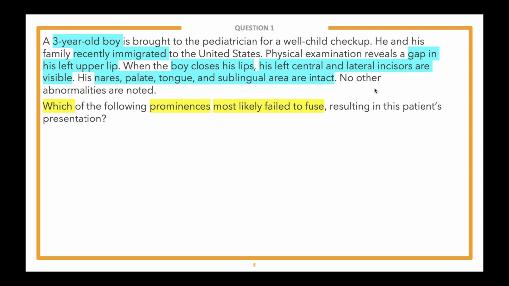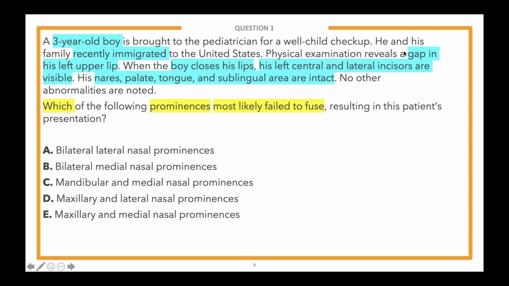So how many steps is this question? Well, one, I think we need to figure out what's going on with this patient based on his presentation. And two, based off of that condition, which prominences most likely failed as a result. So I would say likely a 2-step question here. Let's go ahead and take a look at the answer choices.